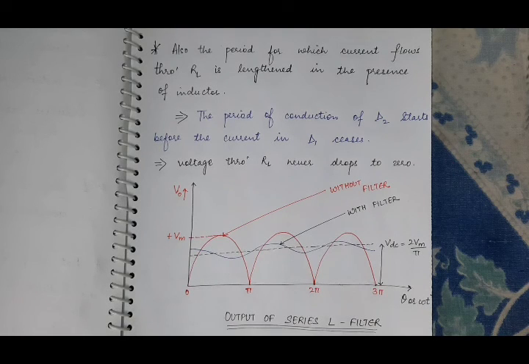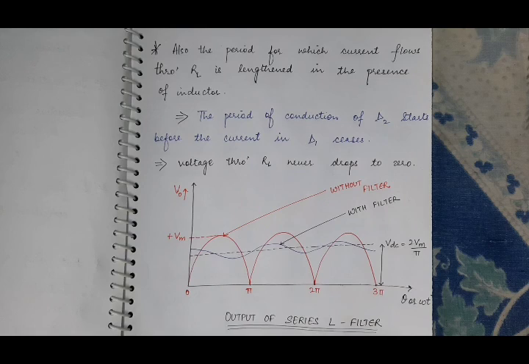But in a full wave rectifier with inductor, the period of conduction of diode D2 starts before the current in diode D1 stops. This implies that the voltage across load resistance RL, that is the output voltage, never drops to 0.